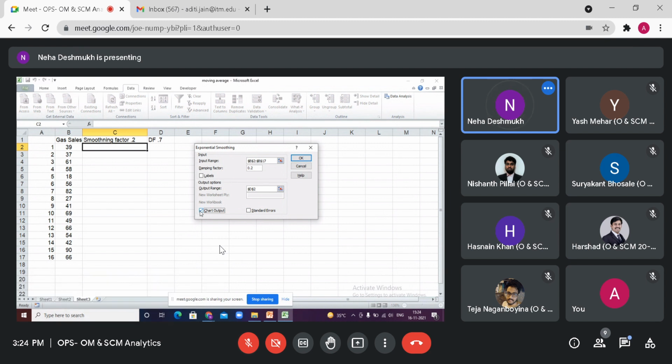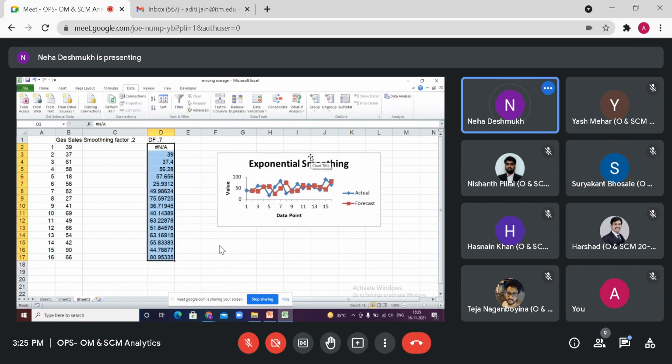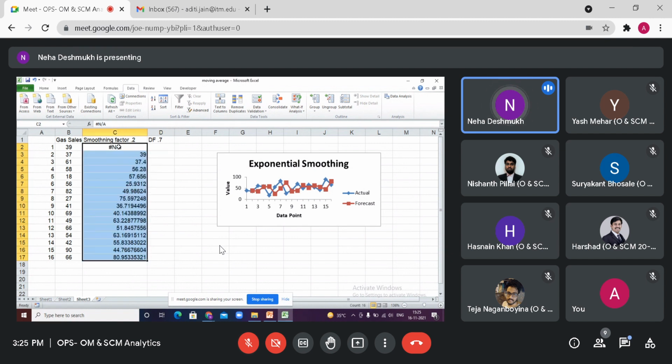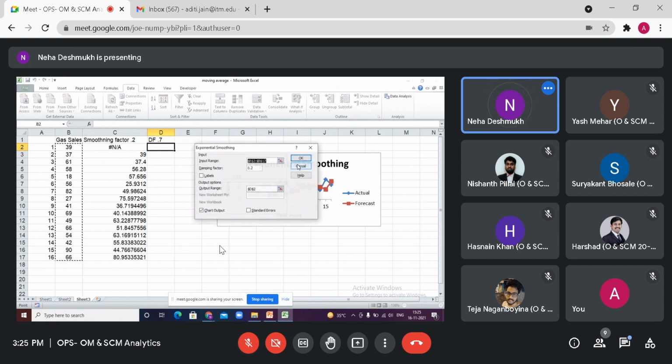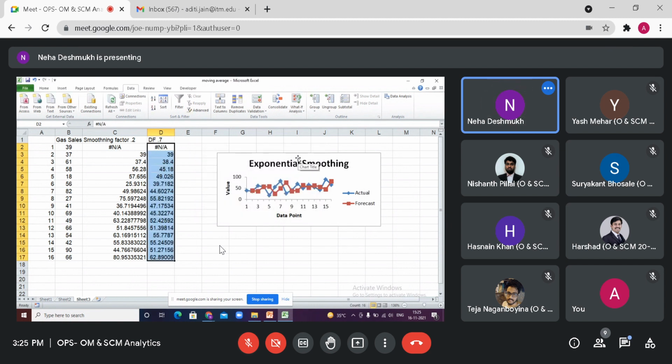Are you with me? Yes, ma'am. Then okay. See, actually this is used for 0.2 right now. The same you can apply with the damping factor 0.7 also. Yes, and select chart output and okay. Right.